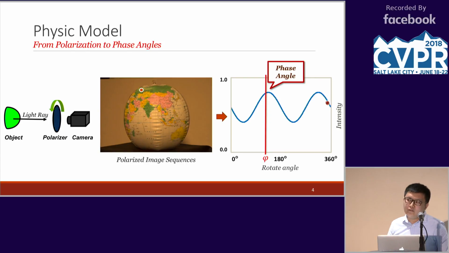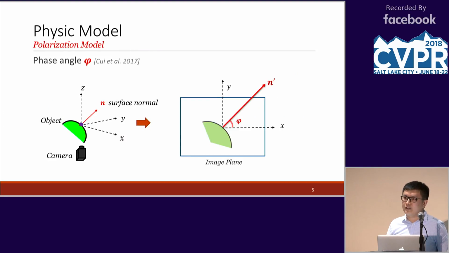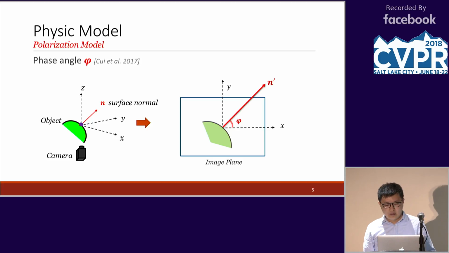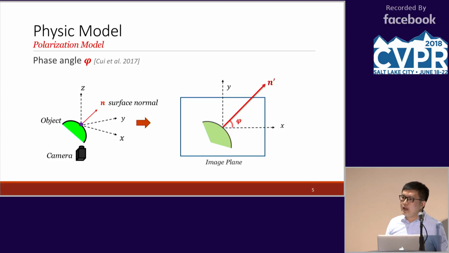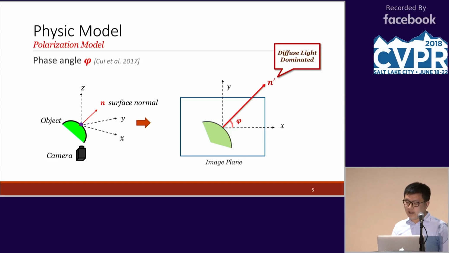This angle phi is very interesting as it can encode some shape information about the surface. It is the angle between the projected surface normal and the x-axis of the image plane. However, this is only the case when the diffuse reflection dominates at that pixel.